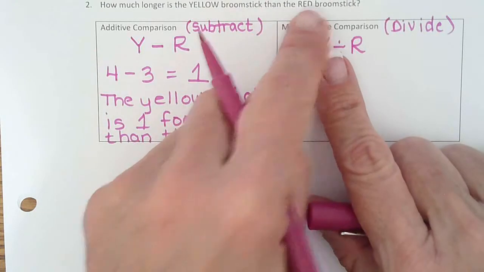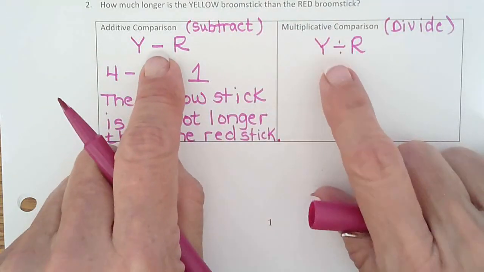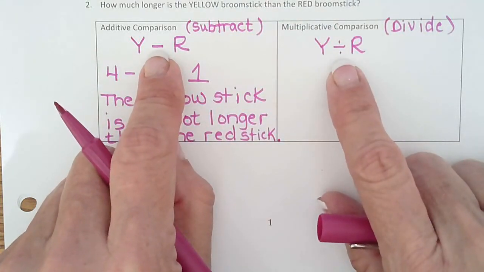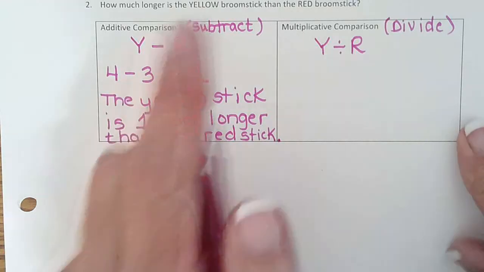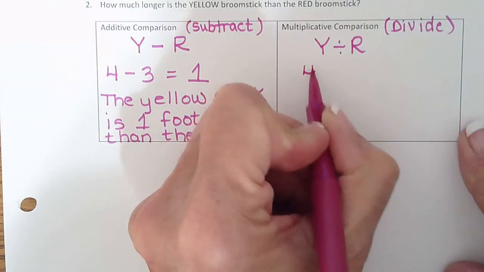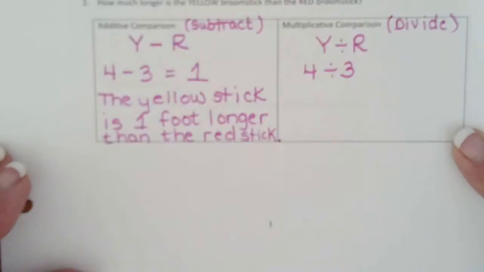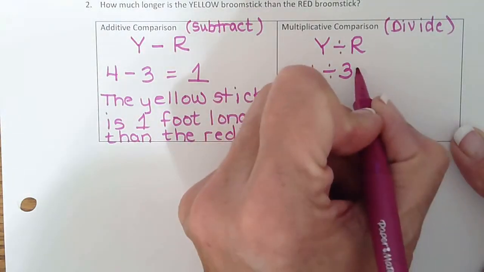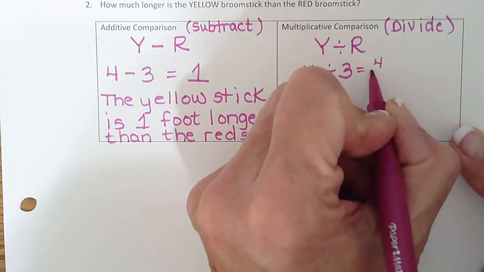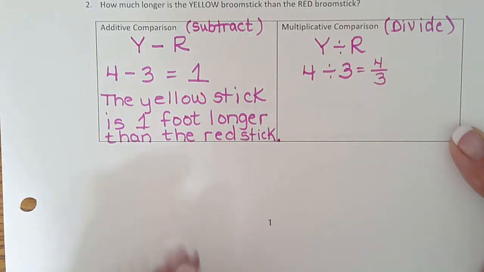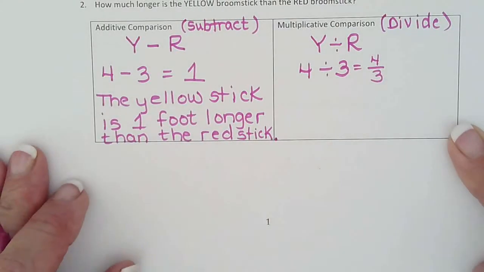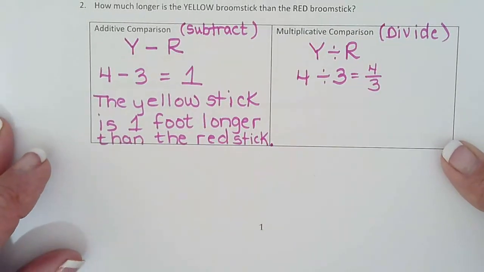Yellow's first, red's second, and we just change the subtraction to a division sign. So it's going to be 4 divided by 3. And again, this is the same thing as 4/3, right? 4 divided by 3.